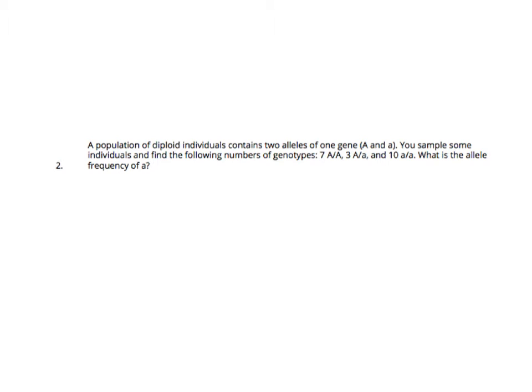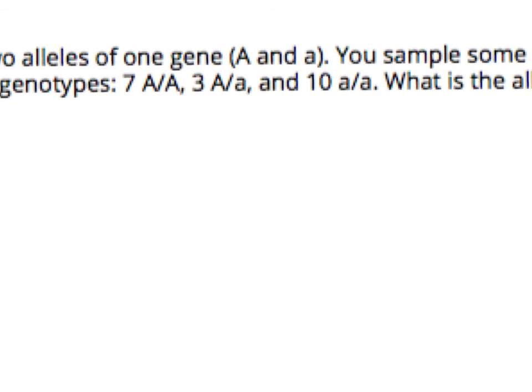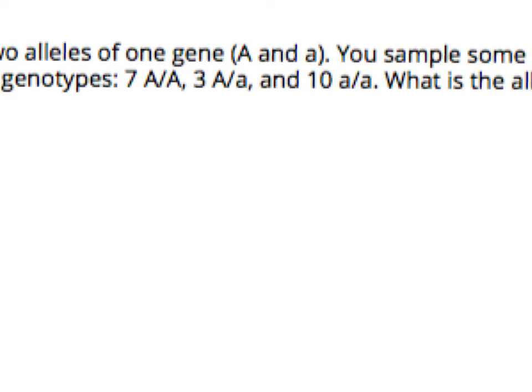So if you want to calculate the allele frequency of little a, what do we do? Just add all the little a's together. Okay, so what genotypes have little a's? The heterozygotes and the homozygotes have little a's. So we've got 3 heterozygotes. They each carry 1 little a, so that's 3.